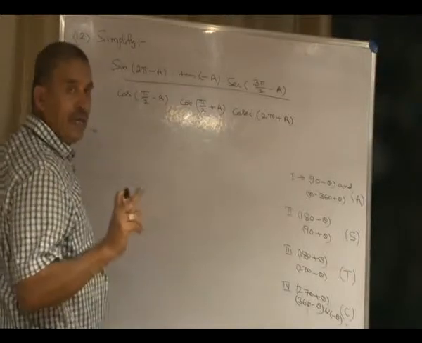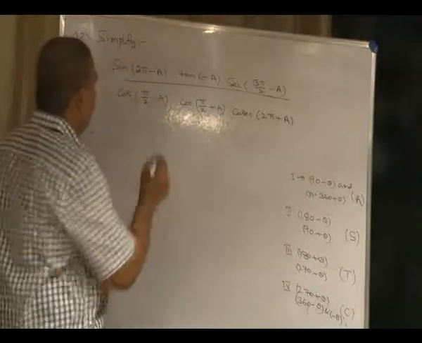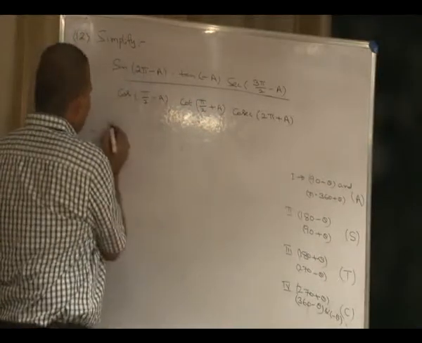Pi radian is 180 degree. Here 2 pi means 2 into 180 is 360.